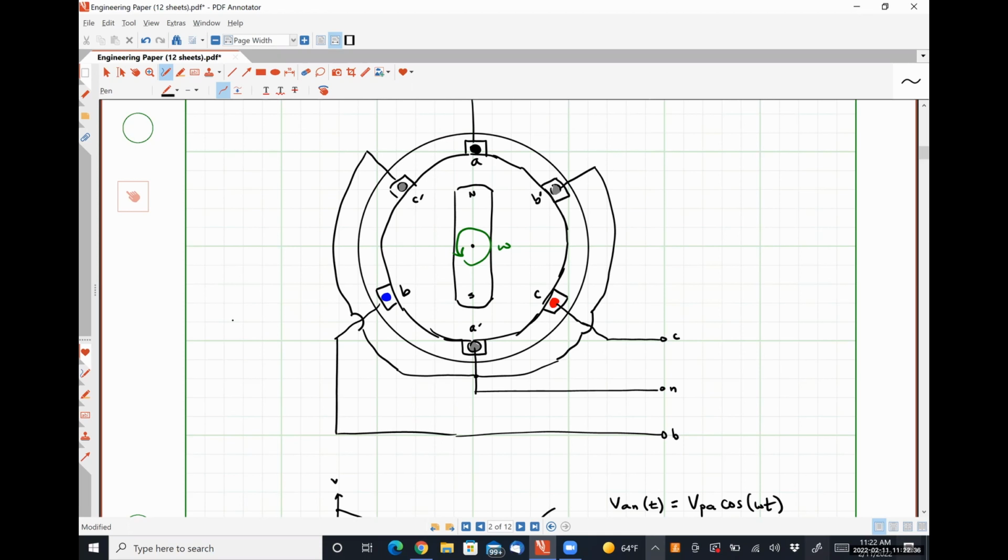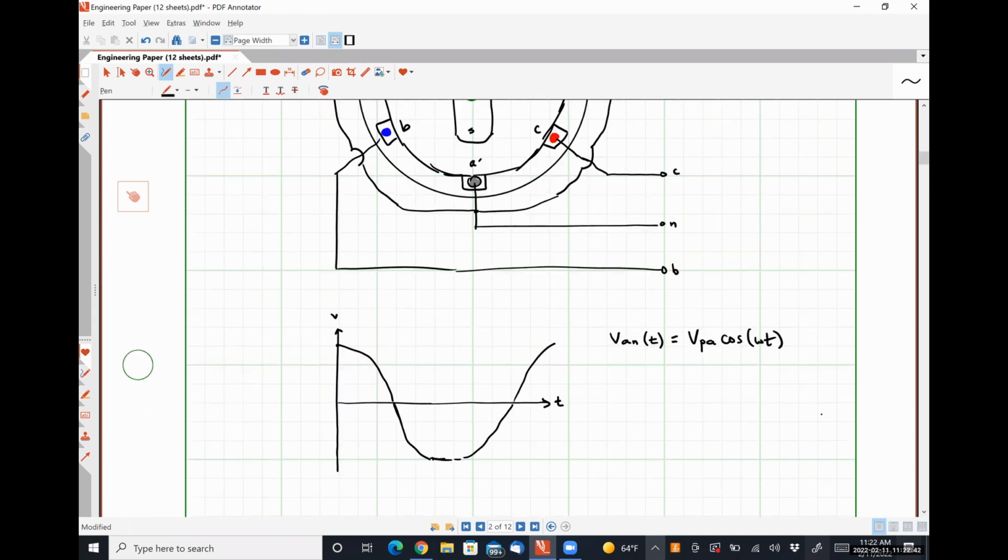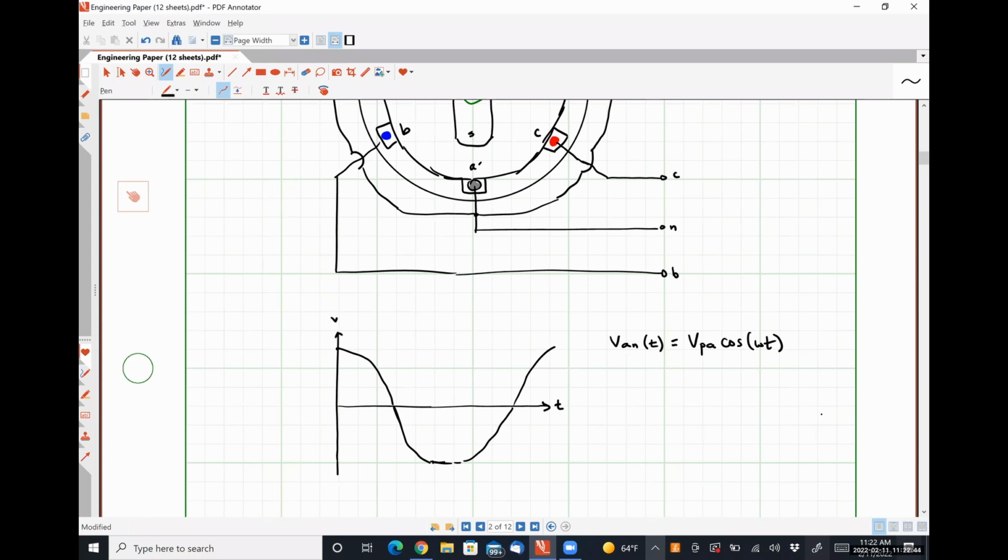So it's the exact same waveform, assuming that the coils are physically identical, but shifted to the right by 120 degrees. So let's see if that's 90. This will be 120, I think.